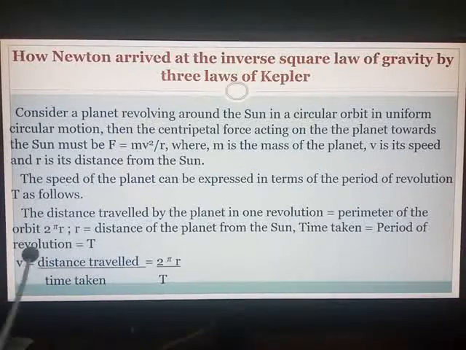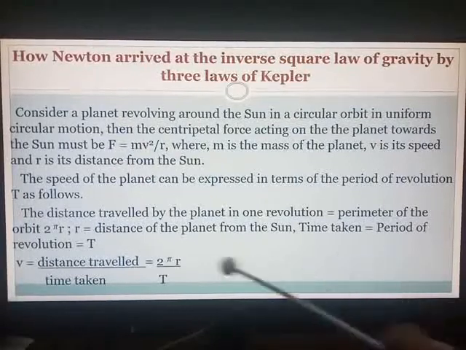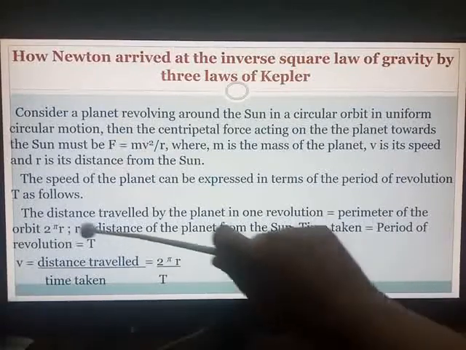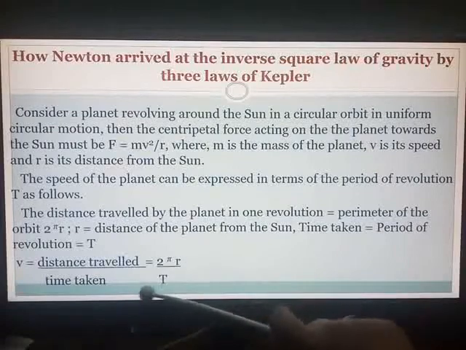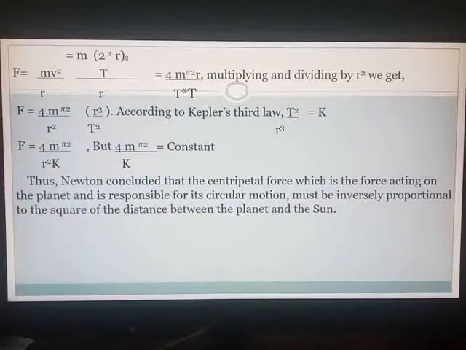Time taken is the period of revolution, that is capital T. So what is v? V is distance traveled upon time taken. What is the distance traveled? Distance traveled is nothing but the perimeter, that is 2 pi r. So 2 pi r upon time taken, which is T.